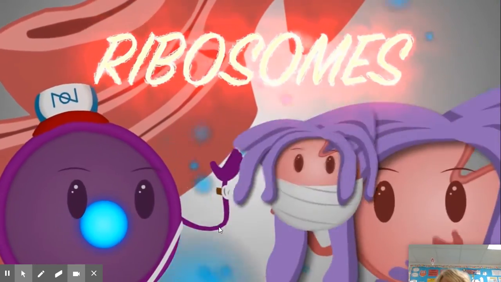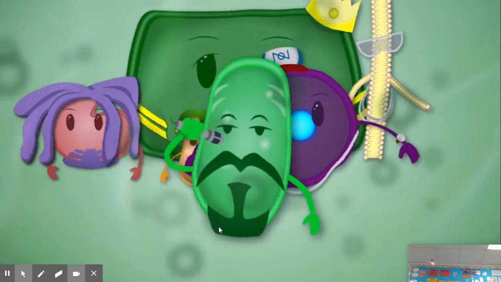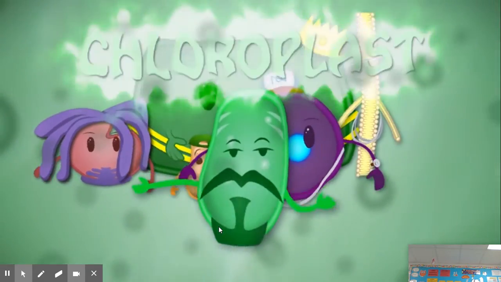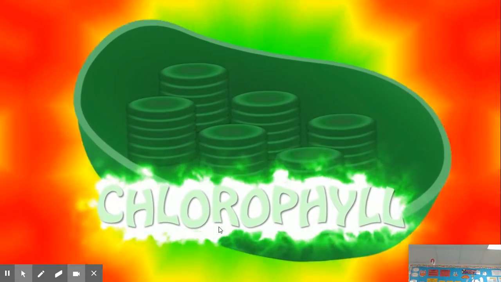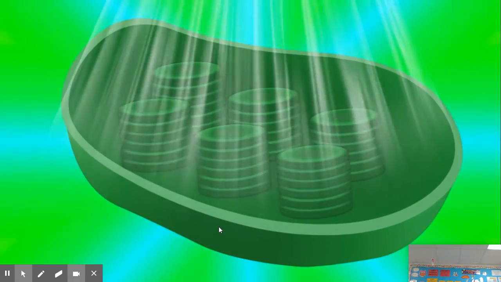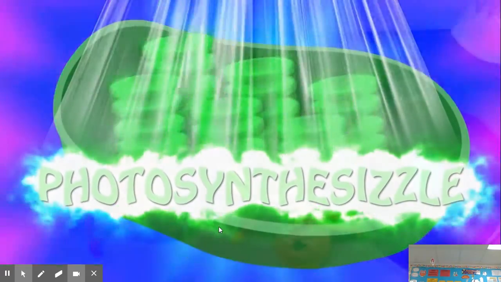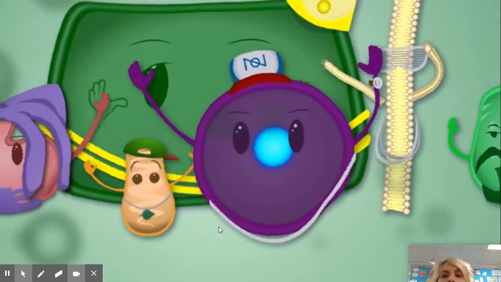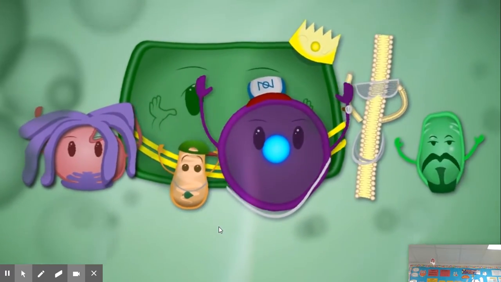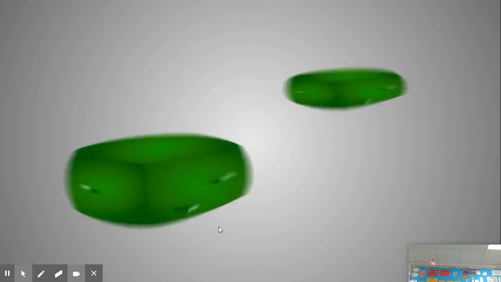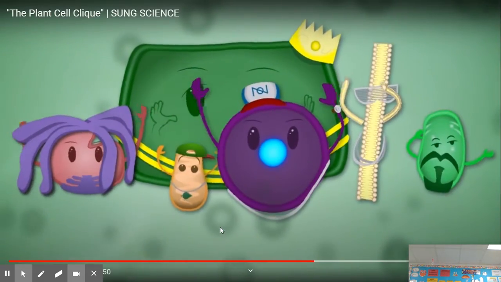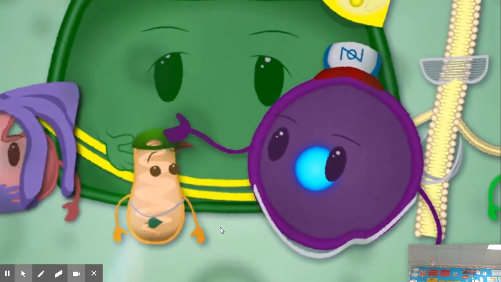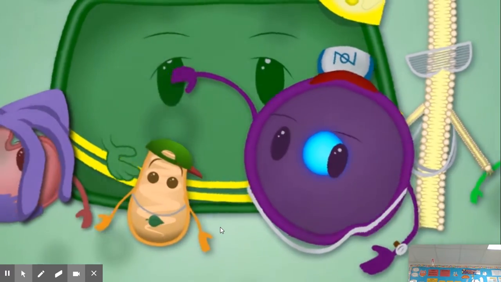Chloroplast, got a nice attack for chlorophyll. Sun rays beat down like a sizzle.